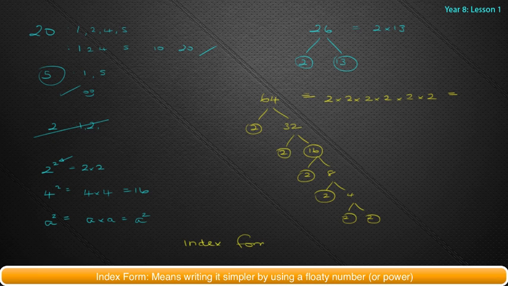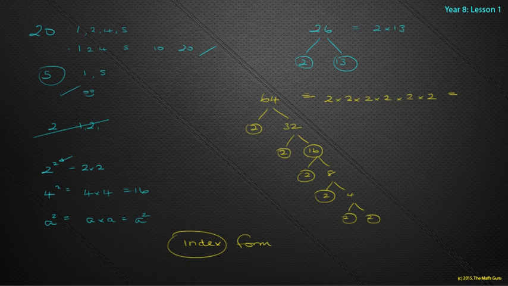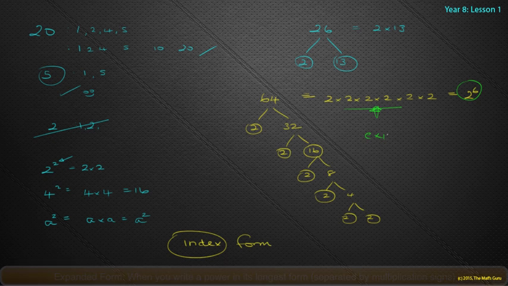Well, index is just floaty number. So it says floaty number form. Well, that can now be written as 2 to the floaty 6. Wow. Now, the interesting thing is, if that's called index form, what is this called? Well, we call that expanded form.